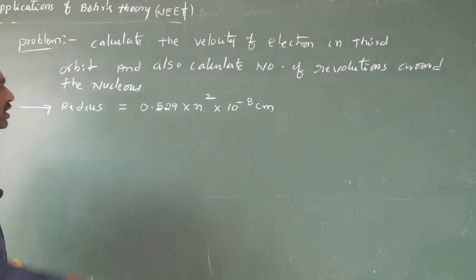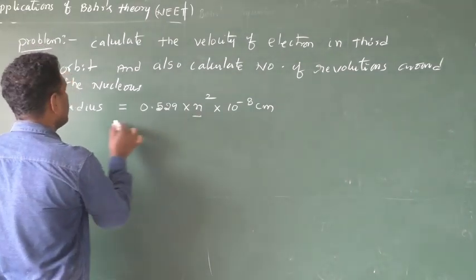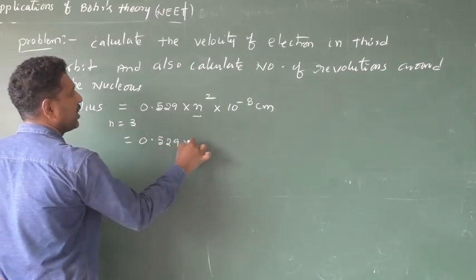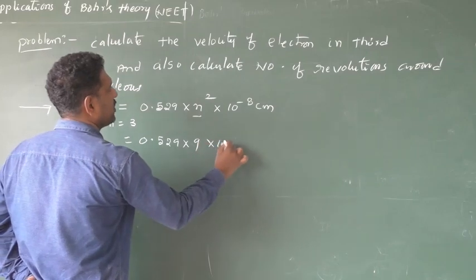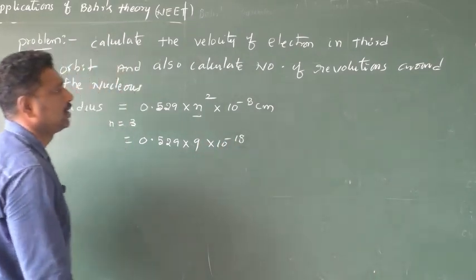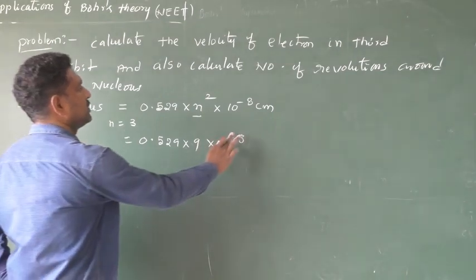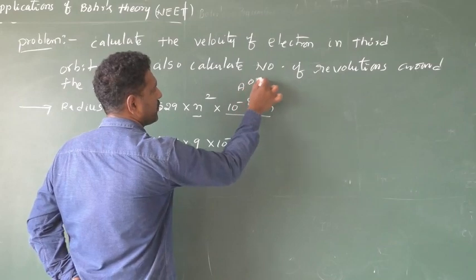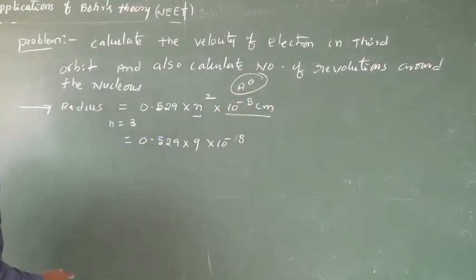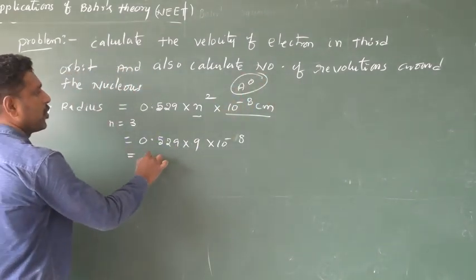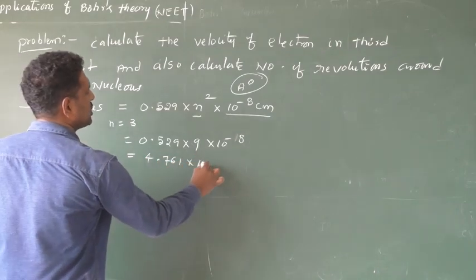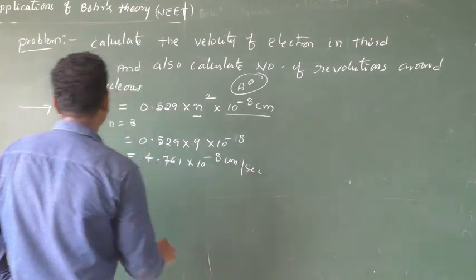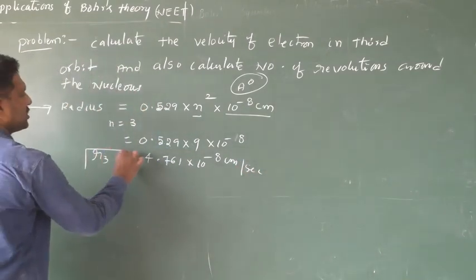Here n value equal to 3. Therefore 0.529 into 9, 3 square, into 10 power minus 8 centimeter. I will convert it into angstroms, this is 1 angstrom. After that, we get 4.761 into 10 power minus 8 centimeter. So this is the radius of third orbit.